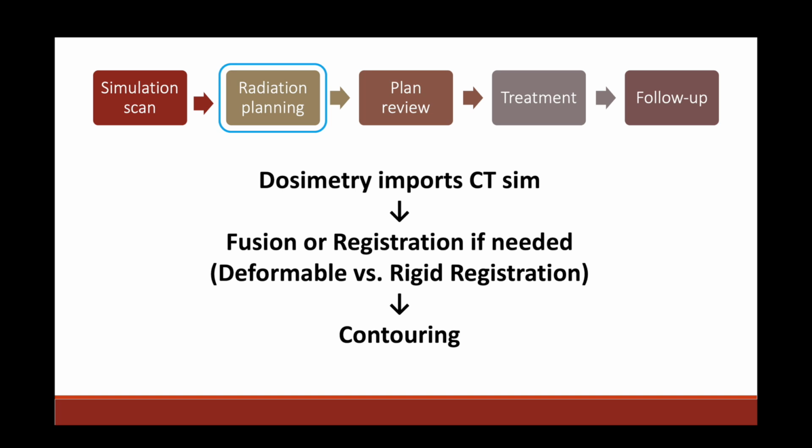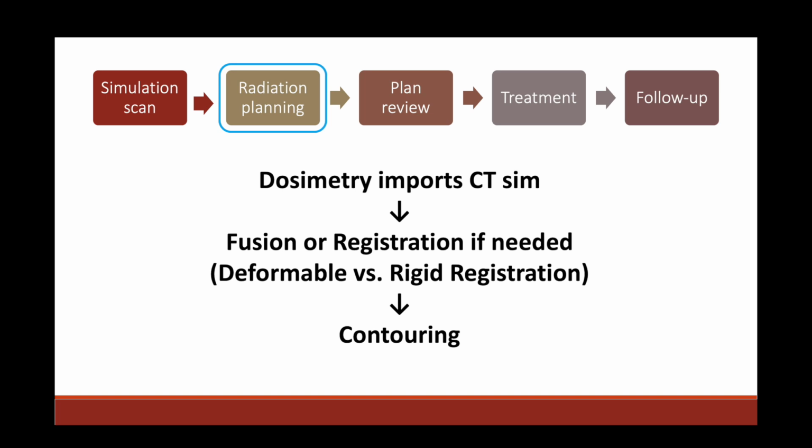Now this can actually be really hard because, number one, when we take a CT simulation, we immobilize the patient very, very carefully. This is often not the case when they get diagnostic imaging, and their position is different from diagnostic imaging to the time of CT simulation. Another key difference is that usually diagnostic CT scans will have a curved table that the patient lays on.